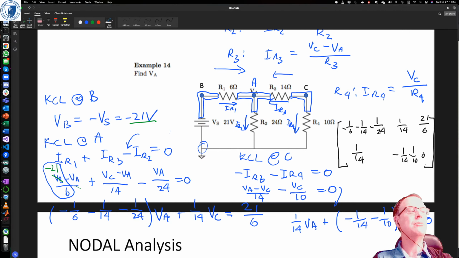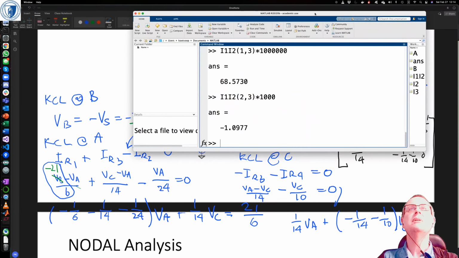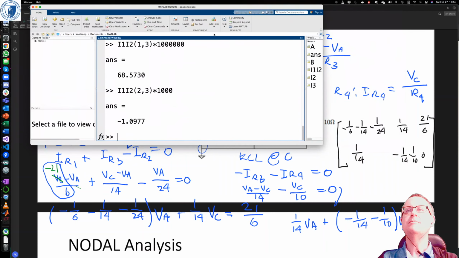So there's our matrix, and let me just pull up MATLAB again, and I'm just going to use parentheses to make sure I get the right groupings.